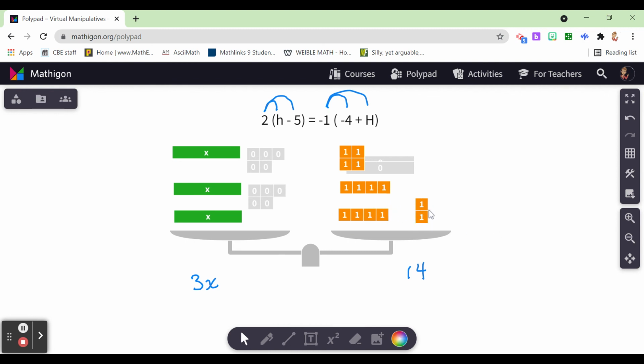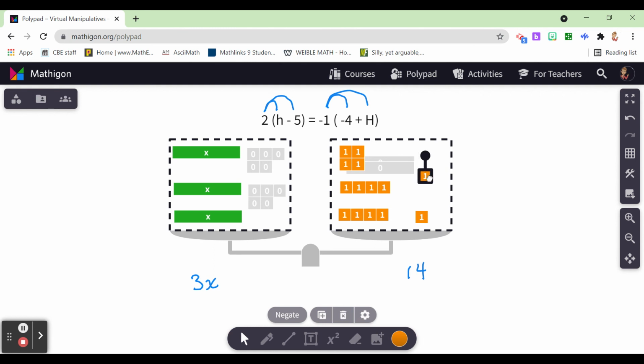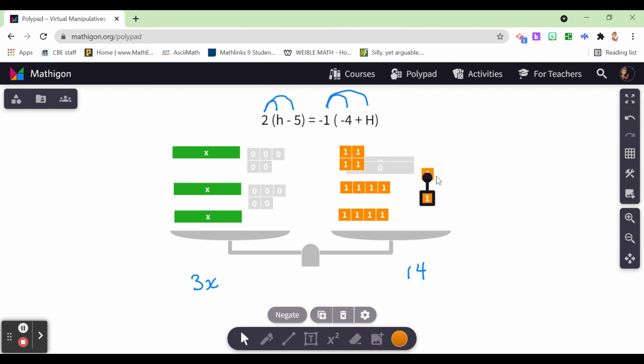So with these 2 left over, I would have to take each of them and take this one and split it into 3. And take this one and split it into 3. So there's 1/3 of each of those. So then each grouping would get a 2/3. Okay, but for now, we're going to leave it like this.